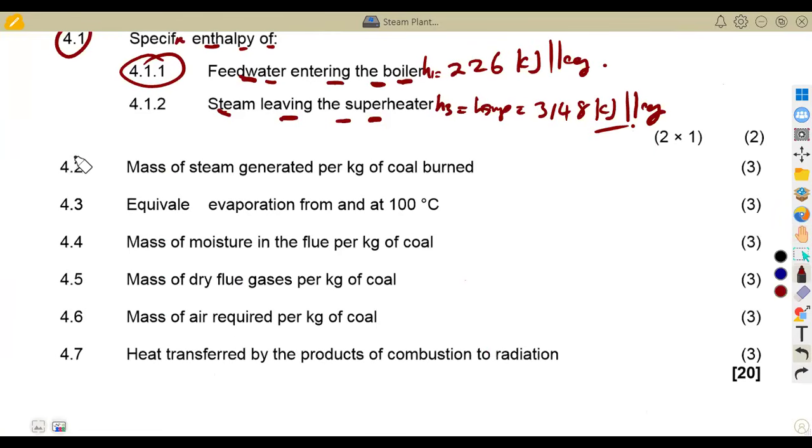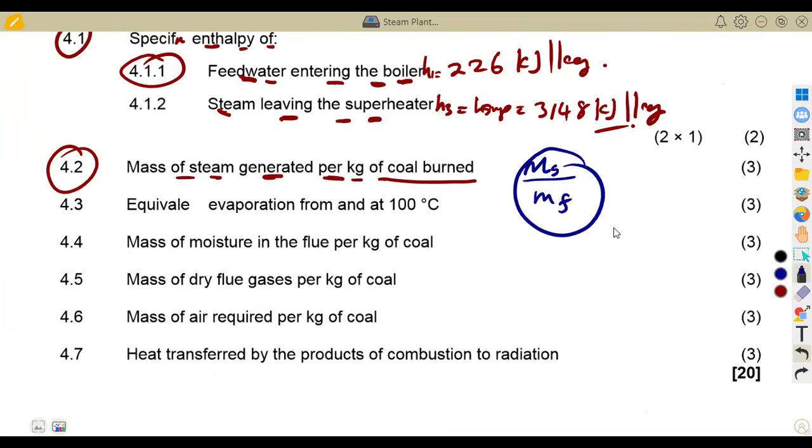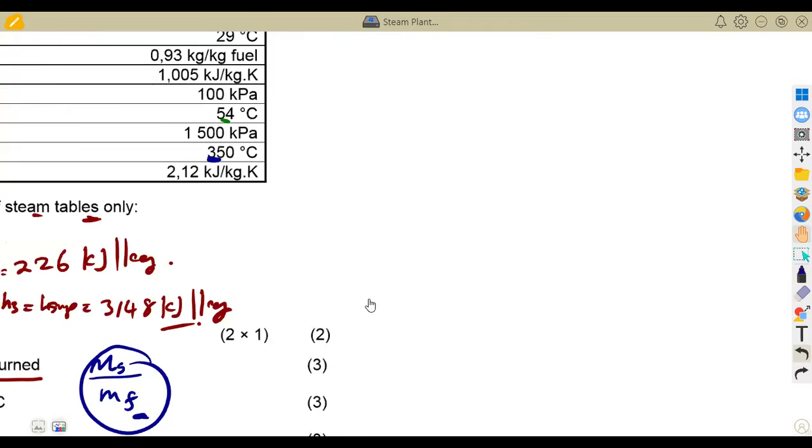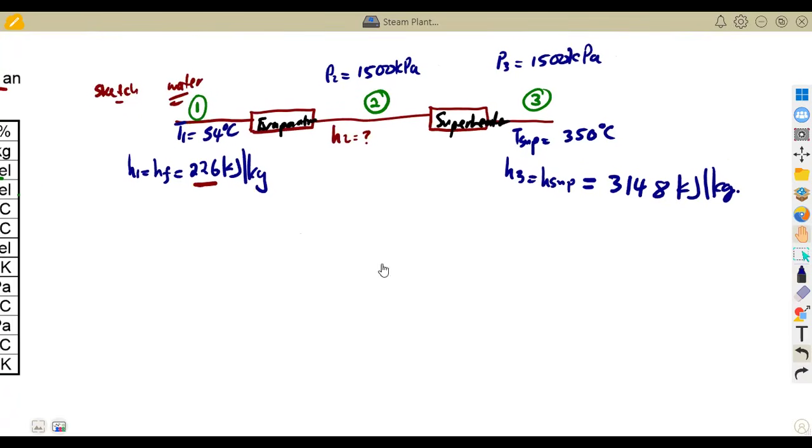Then 4.2, the mass of steam generated per kilogram of coal burnt. Whenever they ask you a question like this, what they need is to find the mass of steam over the mass of fuel. This is per kilogram of fuel burnt. So where and how are we going to get the mass of steam over the mass of fuel?